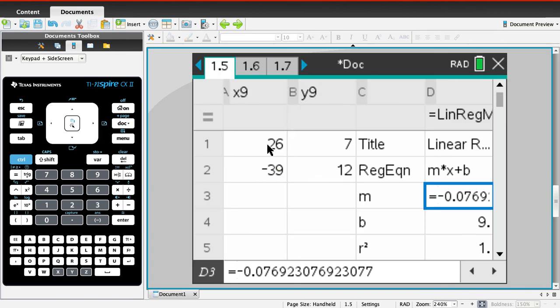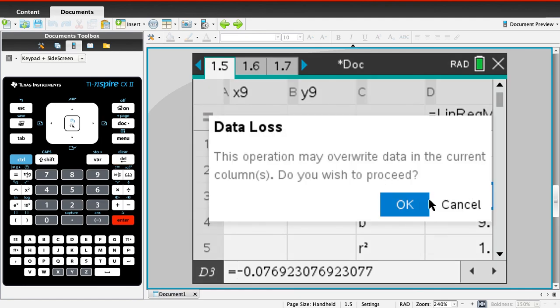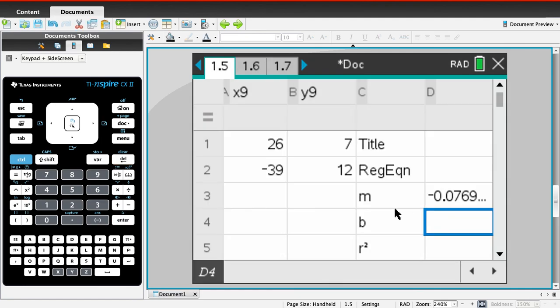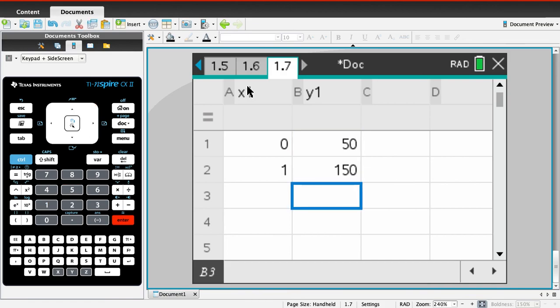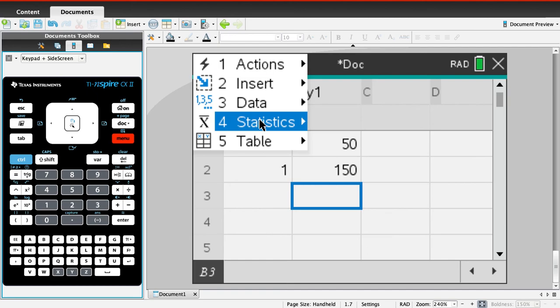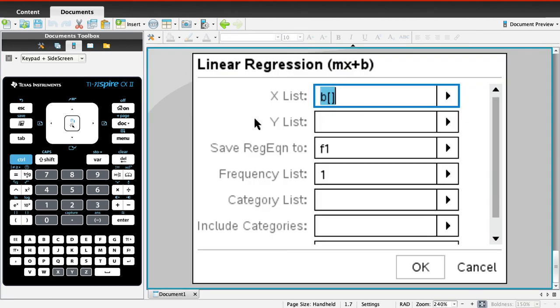So I'm going to make sure that I type it into here. This is going to be question number 1. So I'll put these as my X's from number 1, as well as my Y's from number 1. And they were located at 0 and 1. And they were paired with 50 and 150. I'm going to go ahead and run that linear regression just to verify my slope.